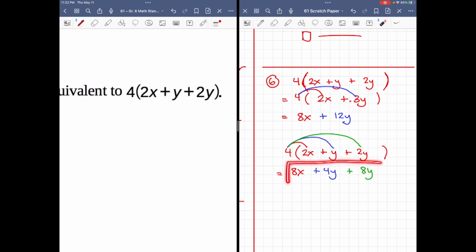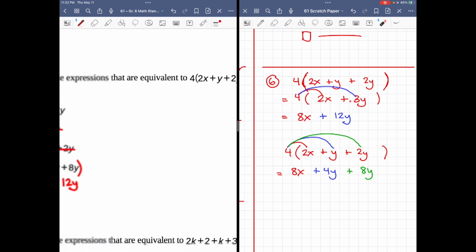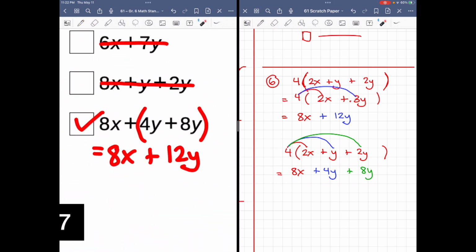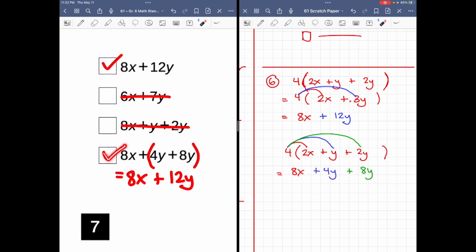So you'll notice that we have the expression 8x plus 4y plus 8y. And if you go back to the first choice, here it is again. 8x plus 4y plus 8y matches this. 8x plus 4y plus 8y. So you can see another way that the fourth choice is also correct. So the 2 correct choices are line 1 and line 4.